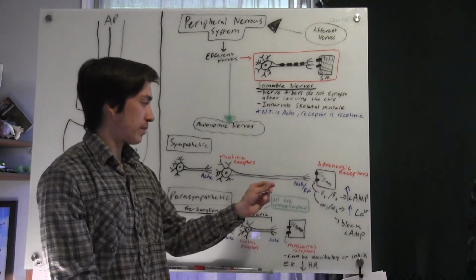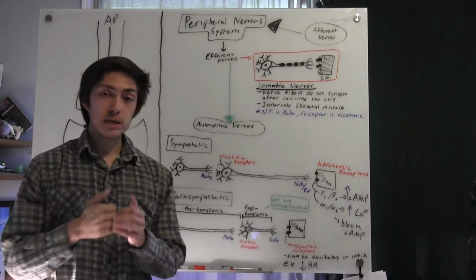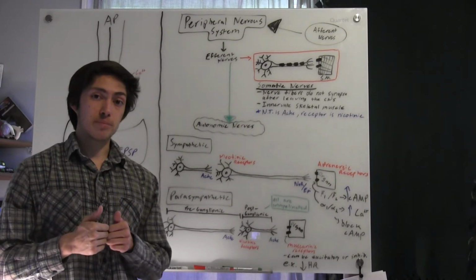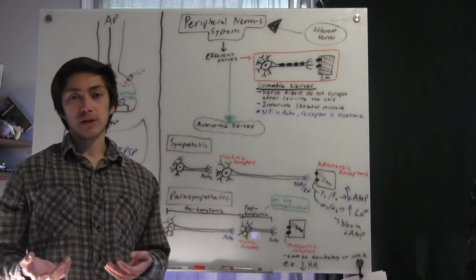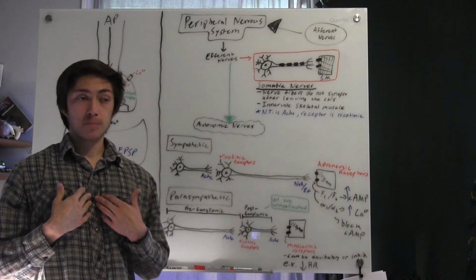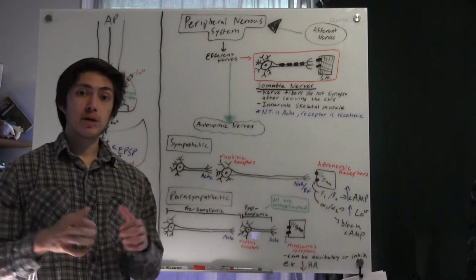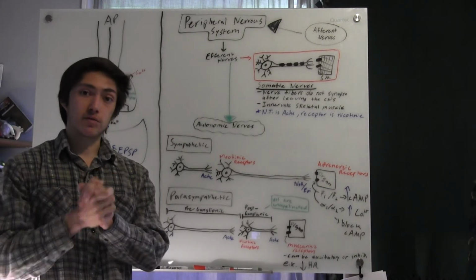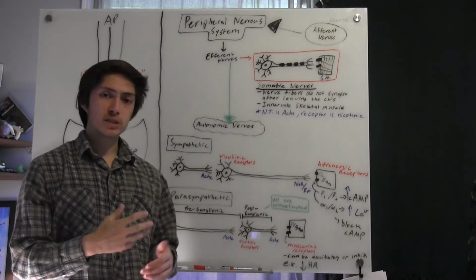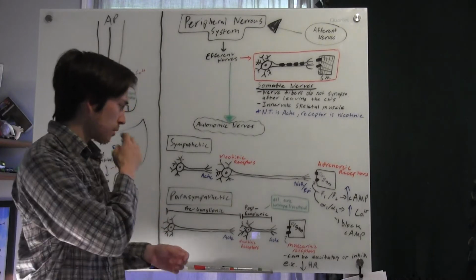Now the beta-1 and the beta-2 are going to increase the production of cyclic AMP. An example of where you can find these is in your heart. So these receptors are going to cause an increase in heart rate and an increase in strength of contraction. And we'll look more into that a little later. Okay?